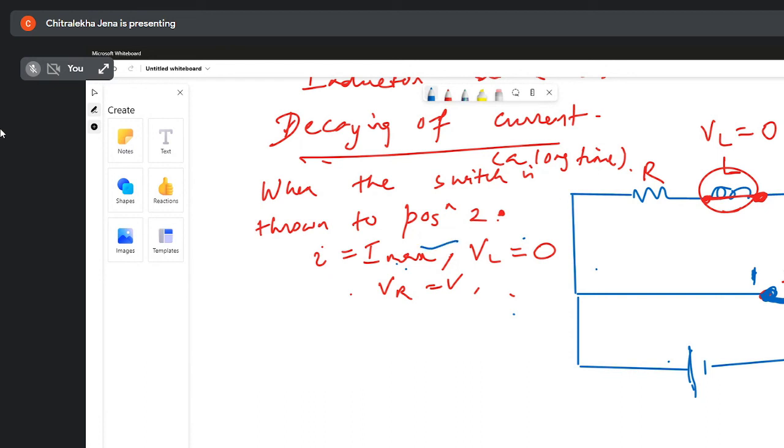So when you remove the switch from position 2 and connect it to position 1, due to the presence of the inductor, the same current will flow. Am I clear or not? So the current will be maximum the instant I close the switch to position number 1, and a long time after I have connected the switch to position number 1, the current will be equal to 0. That I will discuss. How is it happening?